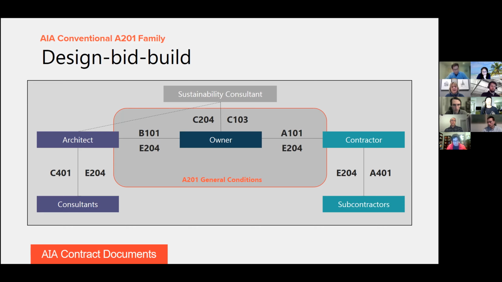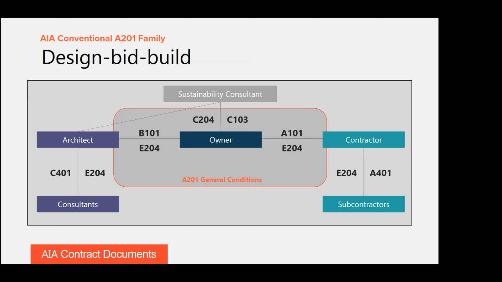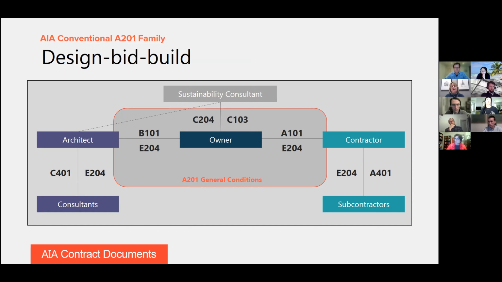Early on, the AIA being architects, we assumed that sustainability consulting was going to come from the architect, and the architect would provide those services. But we've realized that that isn't always the case. There are a lot of outside consultants that are not architects. So we have a new owner consultant agreement, the C204, which allows for those services to come directly from a sustainability consultant to the owner.